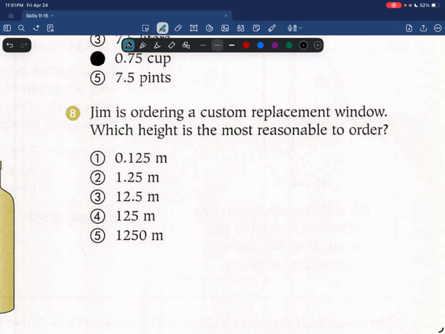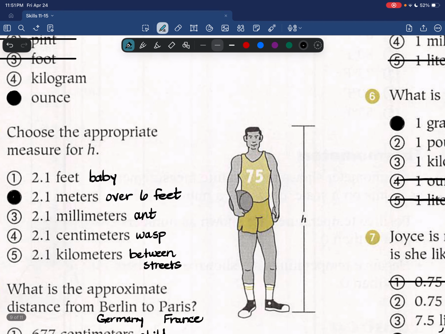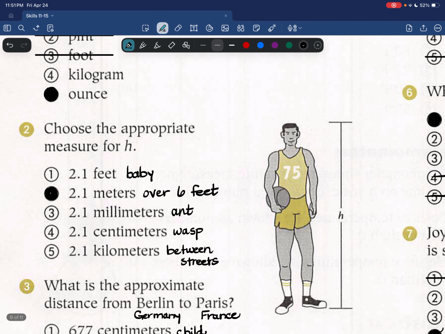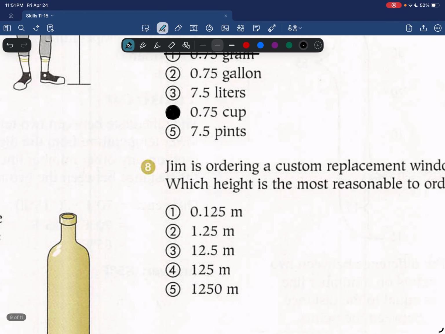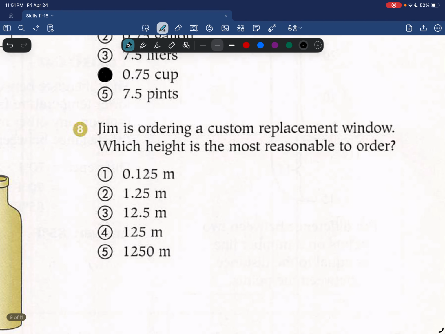But which is the most reasonable number? Well, we said that our basketball player up here was about 2.1 meters tall. The length of his arm is about 1 meter. So I think number 2 would be the most logical choice.